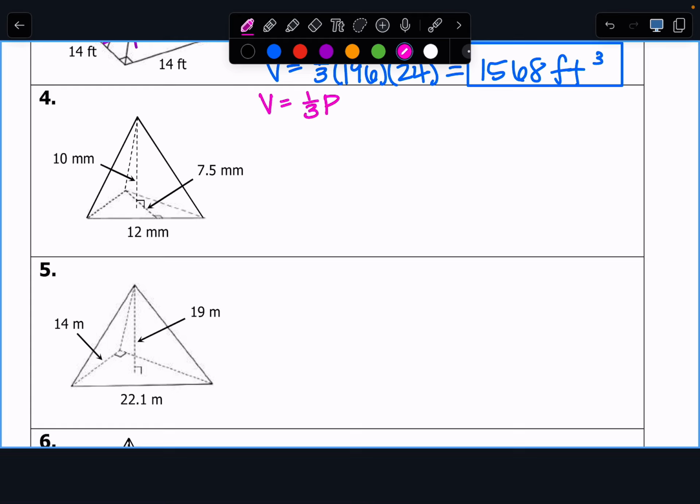You do not need the Green's theorem. The height is 10.